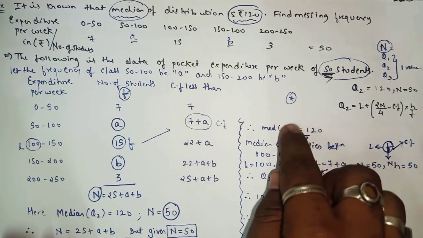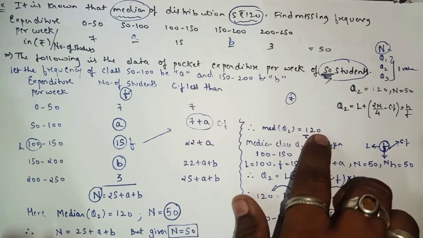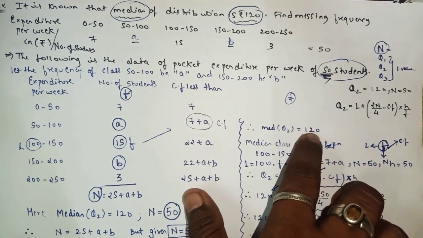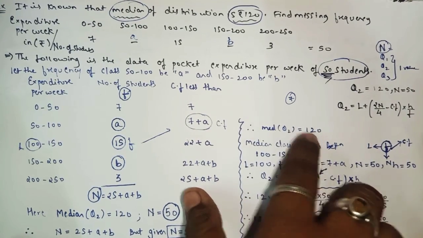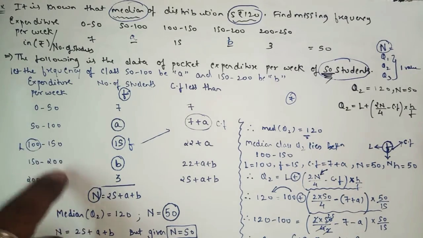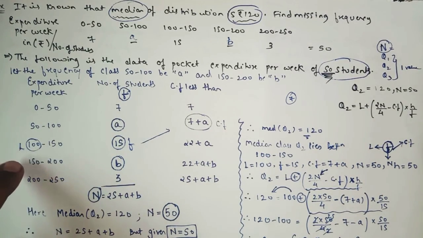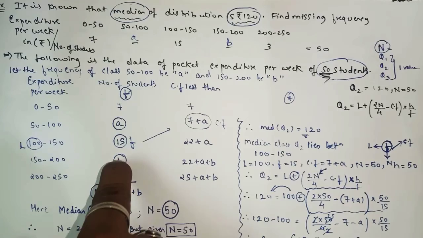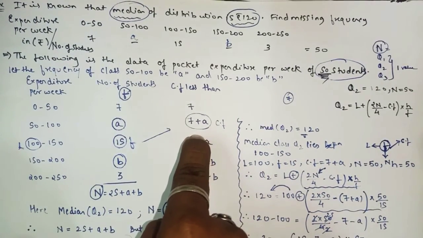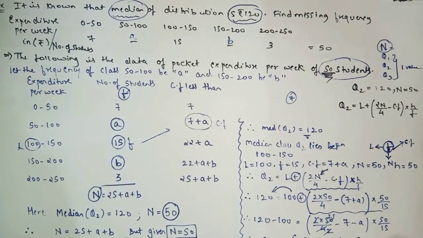Understood? Just check in which class the given value lies. From there you will come to know the lower limit, the frequency and the CF. I hope you all understood.